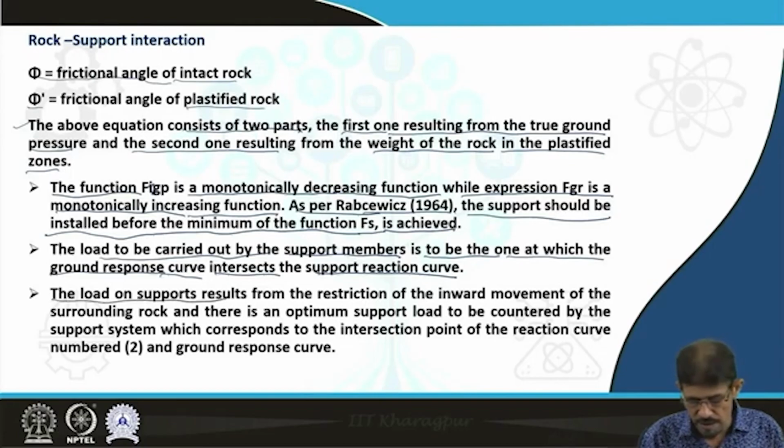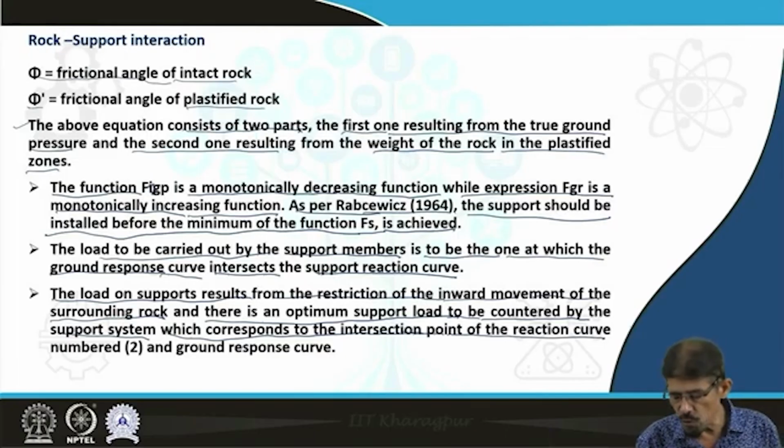The load on the support results from the restriction of the inward movement of the surrounding rocks acting on the support system, and there is an optimum support load to be encountered by the support system, which corresponds to the intersection point of the reaction curves, as number 2 in this.